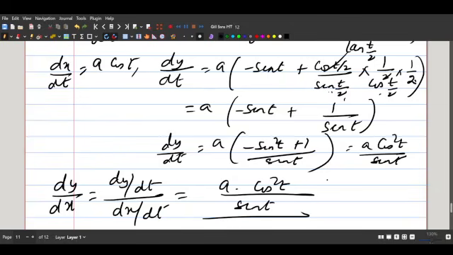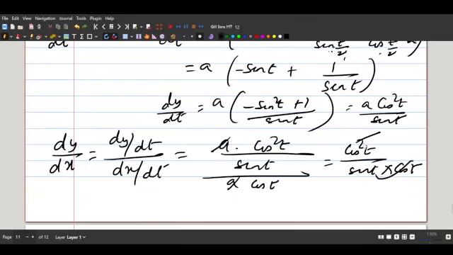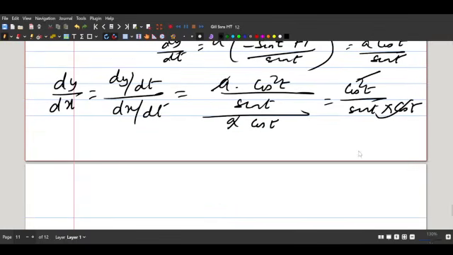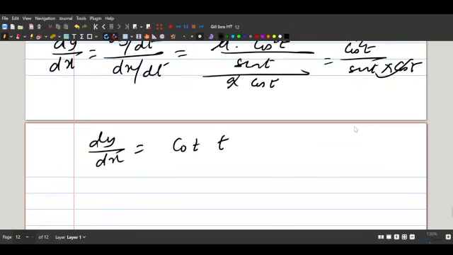Further, we are dividing it by a cos t. So a got cancelled. I'm going to write cos square t upon sin t into cos t. So here I obtained dy by dx as cot t.